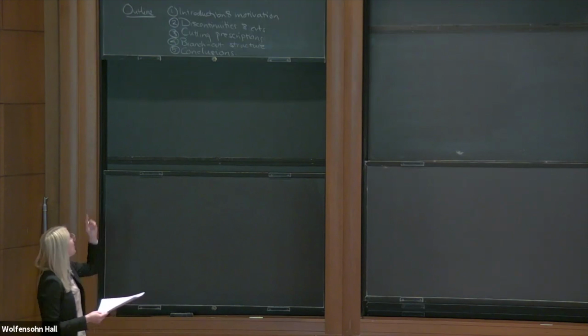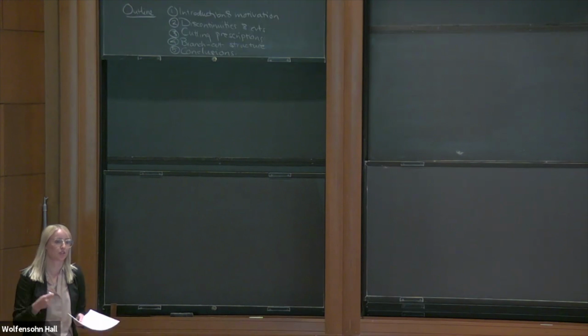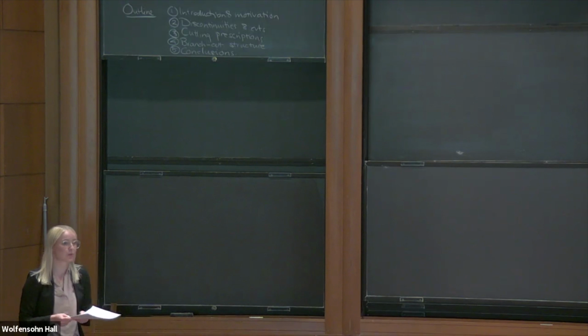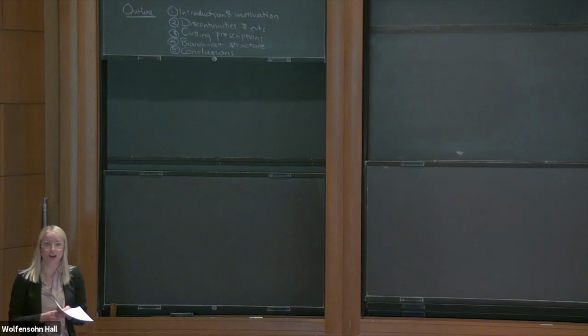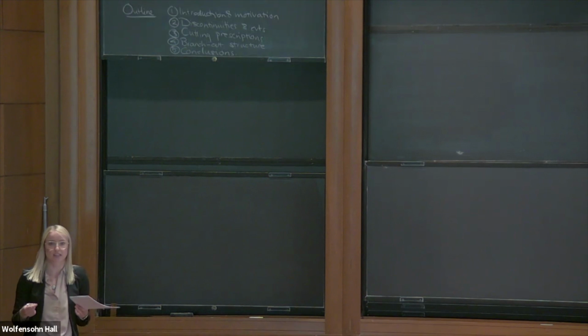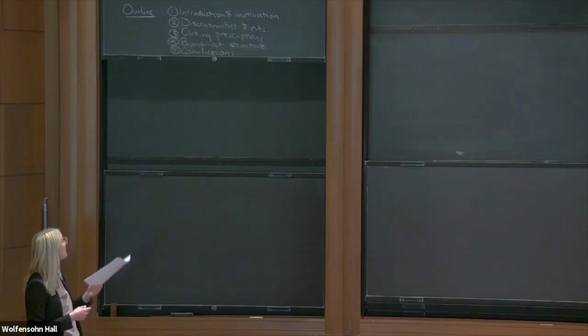My outline is written above, so I'm going to start with introducing the subject and motivating why we want to study sequential discontinuities. Then I'm going to describe how we define sequential discontinuities in a useful way, which makes us able to relate them to cuts through the corresponding Feynman diagrams.